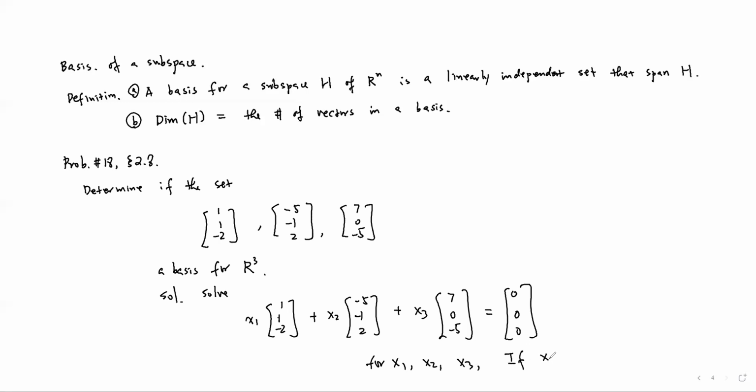If the solution is zero, then they are linearly independent, and therefore these three vectors span R3. Actually, this is a linear system. This is example 1.